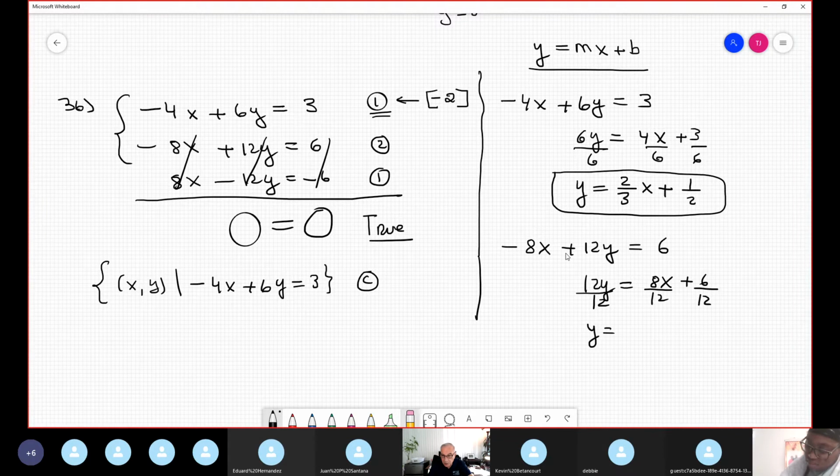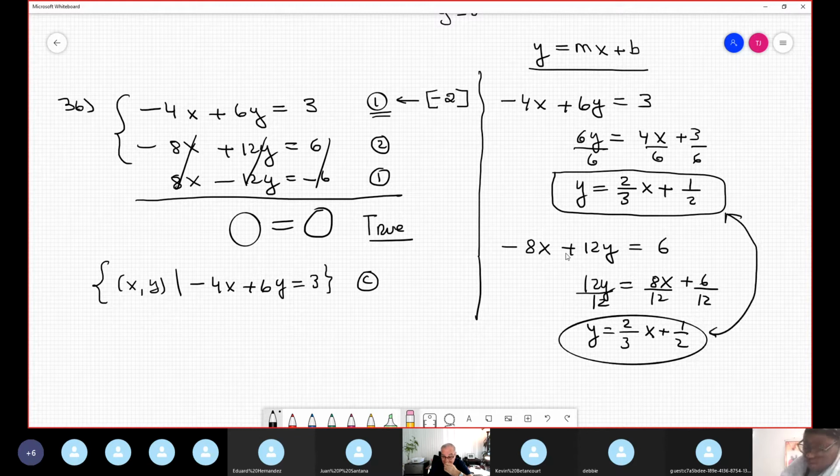Y alone is equal, and you reduce to lowest terms. It's obvious you divide by 4. 8 divided by 4 is 2, and 12 divided by 4 is 3. Here exactly the same, 6 divided by 12 is 1/2. And we compare, look at that. This equation and this equation are exactly the same. It's the confirmation that it's the same line, and that we have infinitely many solutions.